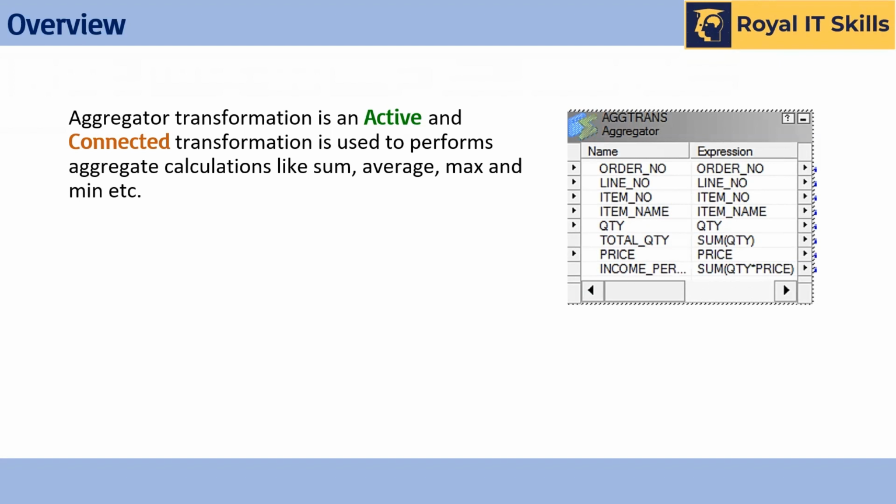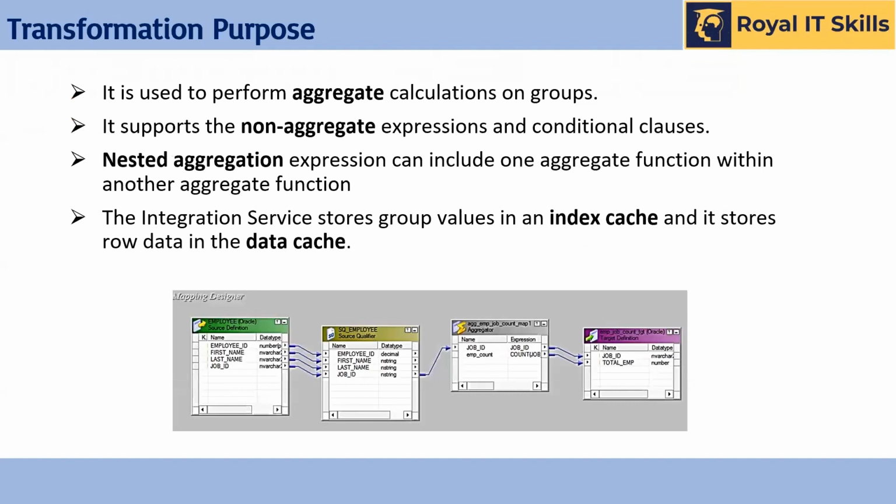Okay, let's see the next steps. So basically, it is used to perform aggregate calculations, as we have seen, like sum, count, min, max. All these calculations we can do using an aggregator. We can also perform non-aggregate calculations, expressions, and conditional clauses. If you want to find something, then also we can make use of aggregator transformation.